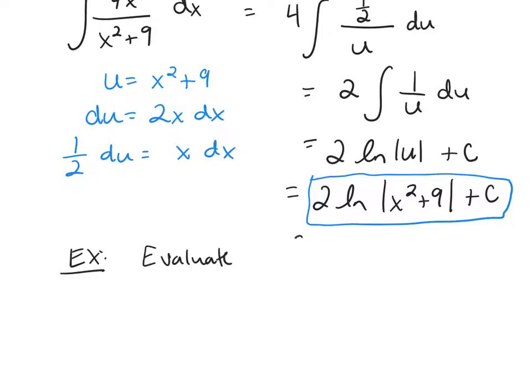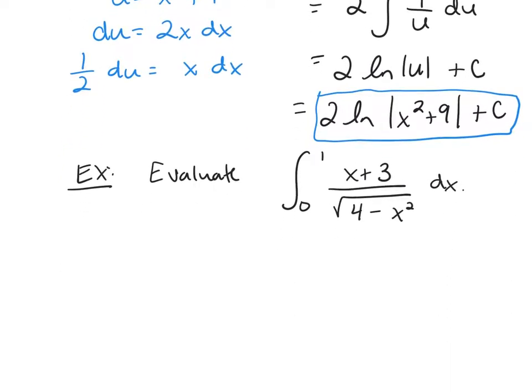Let's evaluate the integral from 0 to 1 of x plus 3 over the square root of 4 minus x squared dx. So to compute this integral, what we're going to do is split it into 2 pieces.